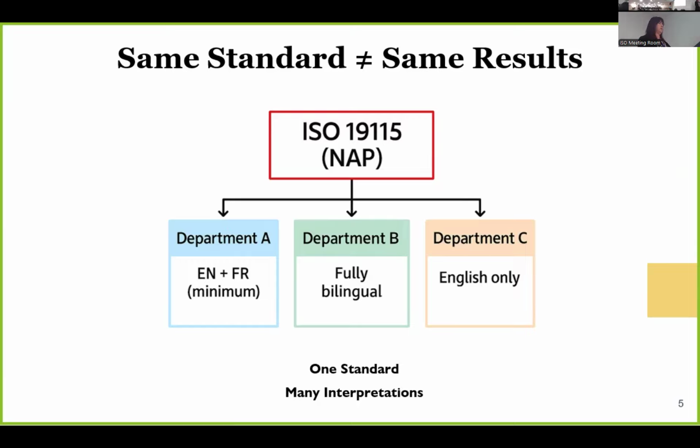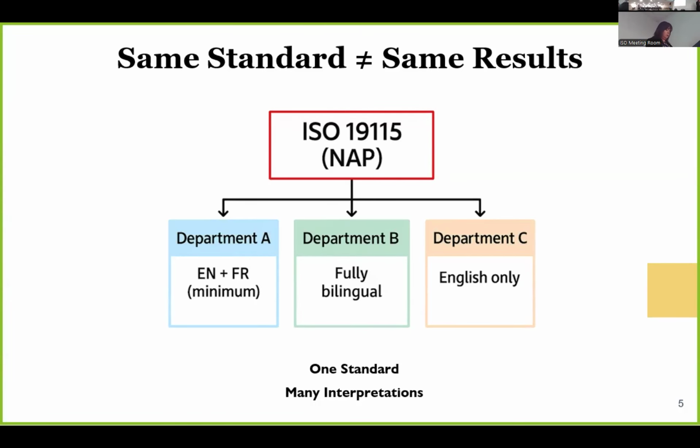Department A, for example, was creating two separate files, English and French. Some departments were creating fully bilingual records, but maybe the structures were not the same. And other departments created English only, hoping to translate later.